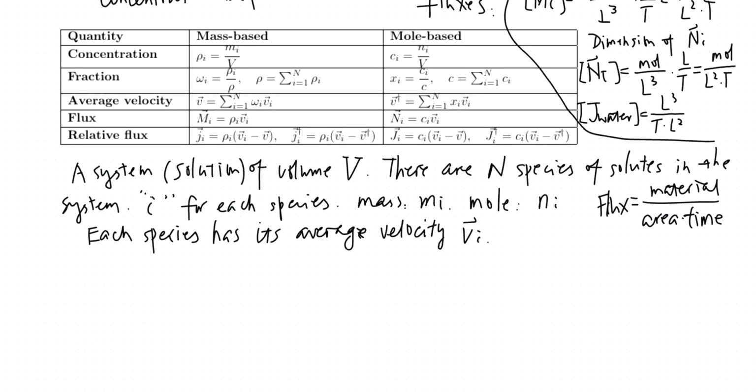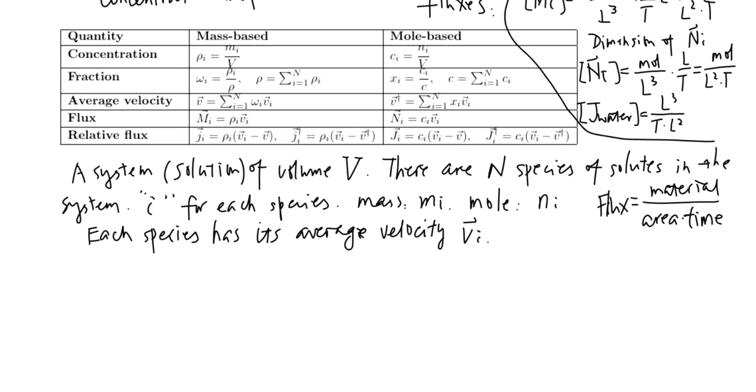We use little j for mass-based. It uses the velocity of that species, vi, subtracted by v, which is the mass-average velocity. That is the mass-based relative flux with respect to the mass average velocity.